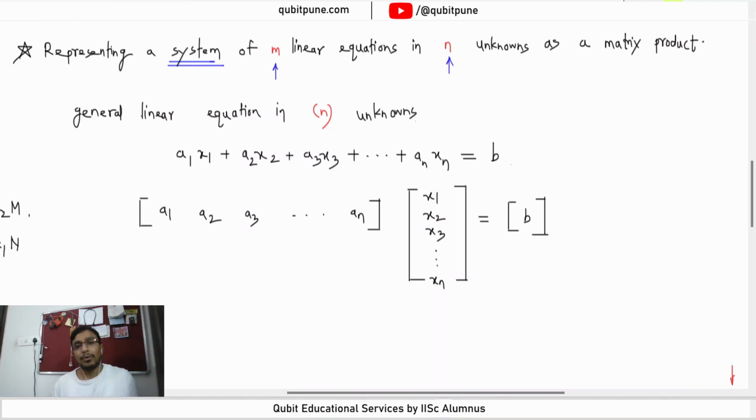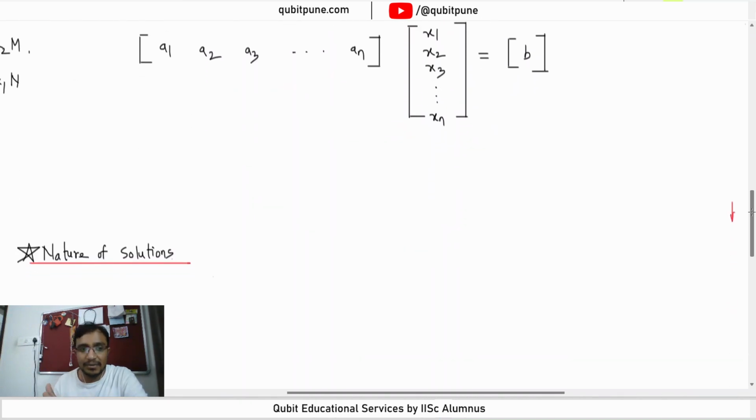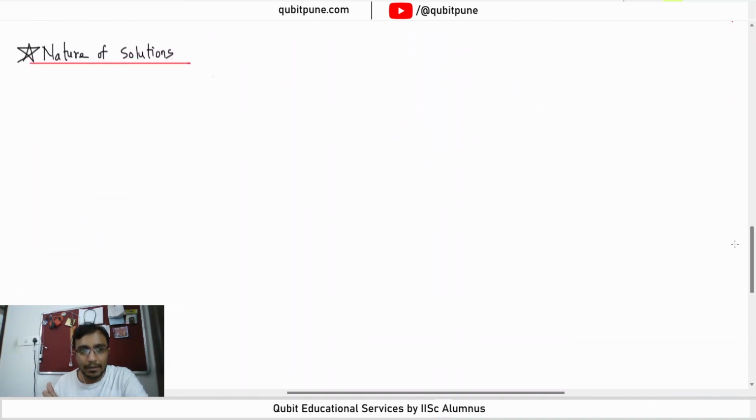Now, do you know that a system of linear equations, no matter how many unknowns it has, no matter how many equations it has, its solution can always be categorized into 3 types? Nature of solutions of any system of linear equations can always be classified into 3 categories.